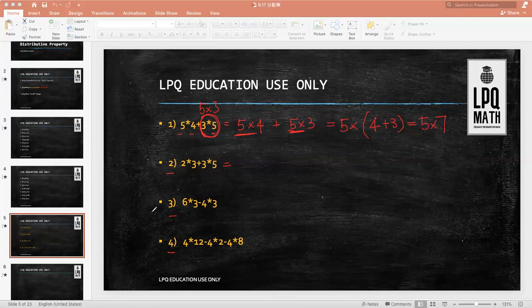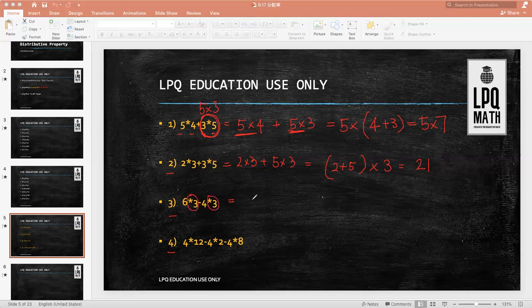Ping Ping, do you want to try number 2 yourself? Rewrite it first. It's 2 times 3 plus 5 times 3. So you put 2 times 3 plus 5 times 3, right? Very good. So it's 2 plus 5 in brackets times 3, which equals 7 times 3, which equals 21. Next one: 6 times 3 minus 4 times 3. It's the same, times 3 and times 3.